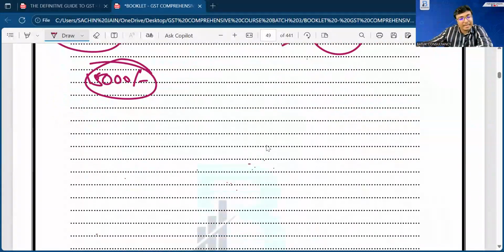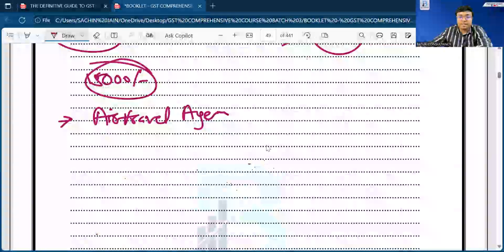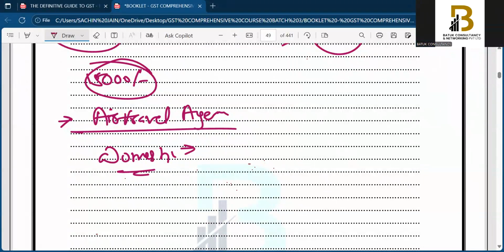And this rule says that in case of an air travel agent, if the booking is domestic, means in India, 5% of the basic fare will be treated as the value of supply.